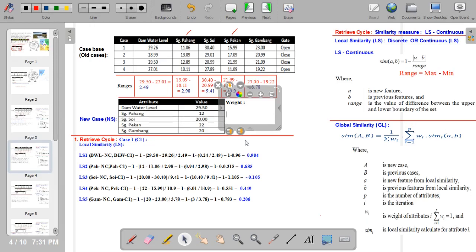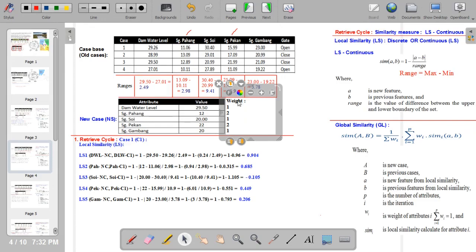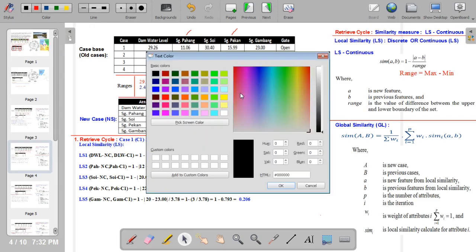For example, Bahang is the most important attribute, right? So I'm going to highlight it with a 2, while Bitcan is also highlighted as one of the most important attributes, so 2. The other attributes will be assigned 1. Why 1? Because as stated in the question, only Bahang and Bitcan should have twice the value of the other attributes, because they are important.